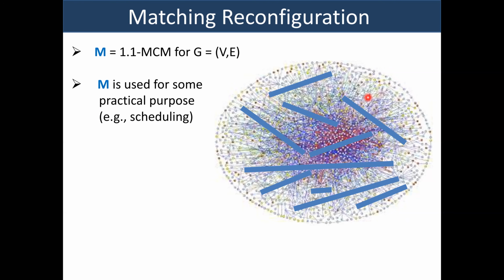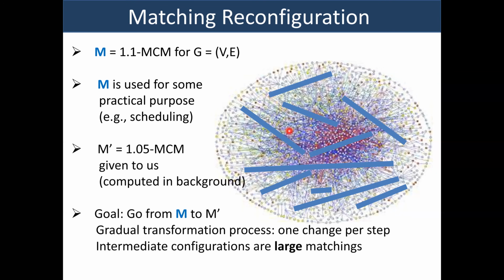And in particular, the edges of this matching are giving service to some application. And now we are given access to a better matching M prime, a larger matching in this case. Maybe we are the ones who computed this matching in the background, or maybe we are given access to it by a third party.